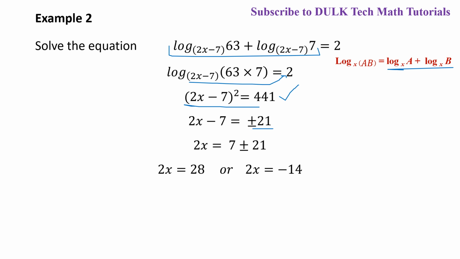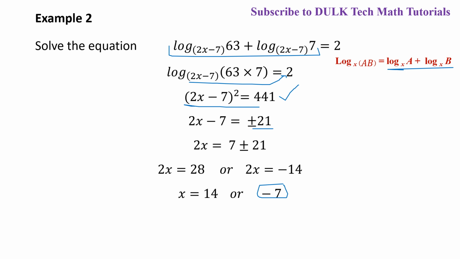So our answers are 14 and minus 7. But we are going to discard this one, because we are working in the set of real numbers. In the set of real numbers, there is no logarithm of a negative number. There is no logarithm that has a negative base.